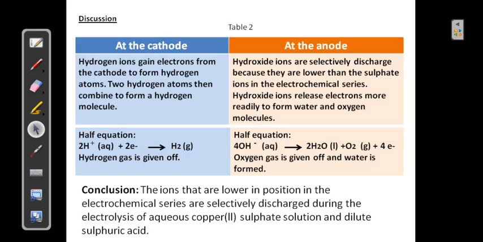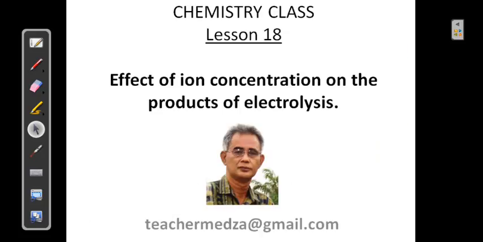So I guess if you go through this again over again, maybe a couple of times, you will get the picture, you will understand more effectively. Then next week we will still be on the ion concentration, and this time we're going to look at what happens if the concentration of an ion is more than hydroxide ions.